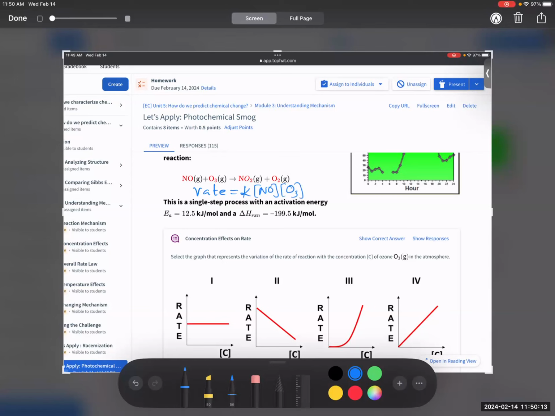So between rate and O3 concentration, it's a 1-to-1 relationship. When O3 concentration goes up, rate goes up. Anyway, that is going to be something like option 4 over here. Not 3, not 2, not 1, it should be 4. All right, so that is that.